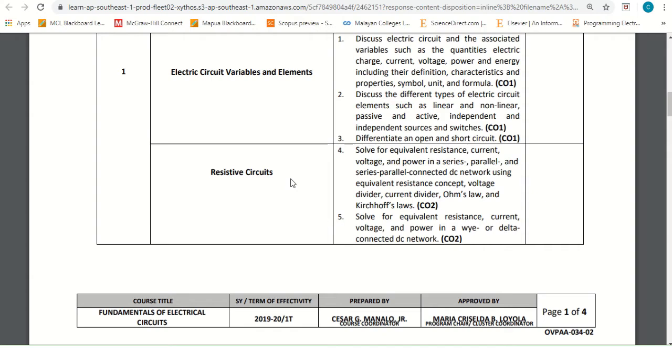We'll also teach you the basics of voltage divider and current divider, how to use them, and also the concept of Ohm's law. We'll also cover power. How do we deal with power in resistive circuits?